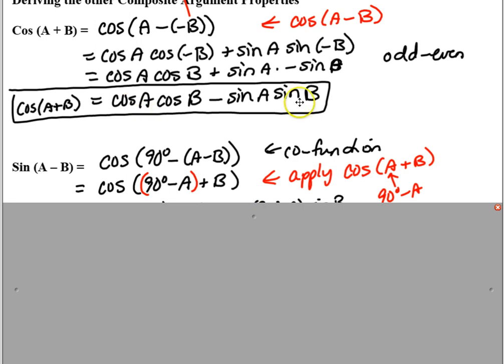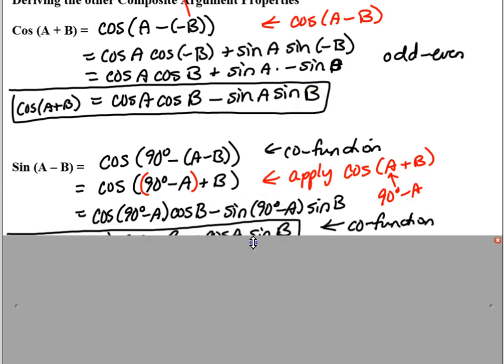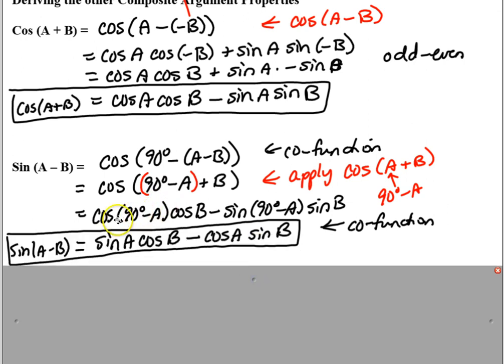So notice I'm going to use this framework here, and I'm going to say cosine 90 minus A cosine B minus sine of 90 minus A sine of B. Then I can apply the cofunction property again and change cosine of 90 minus A to sine of A, and sine of 90 minus A to cosine of A. So I have sine of A minus B is sine A cosine B minus cosine A sine B. So notice the signs are the same here, the minus in sine A minus B and a minus over here, but now I have sine cosine, cosine sine. I start out with sine A and cosine B, then I go to cosine A sine B.